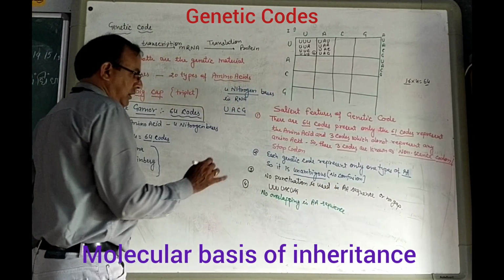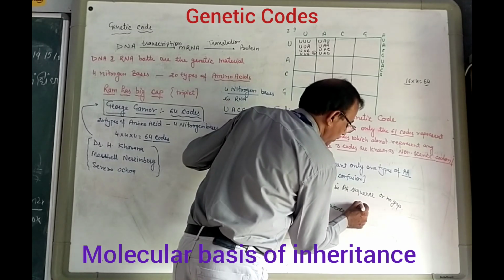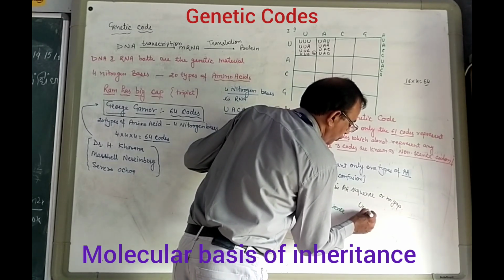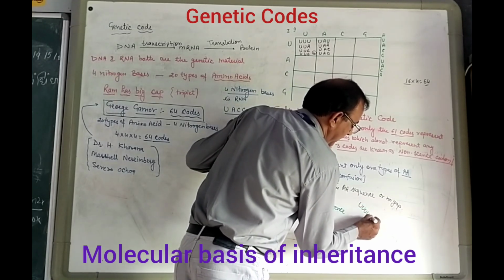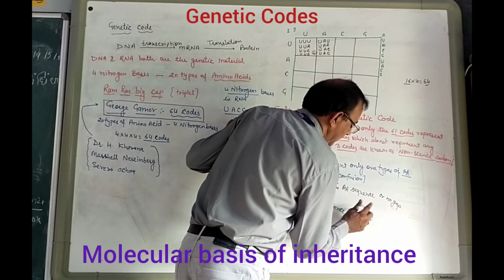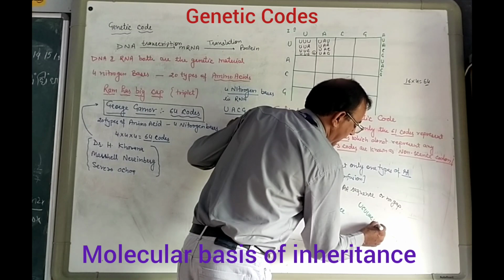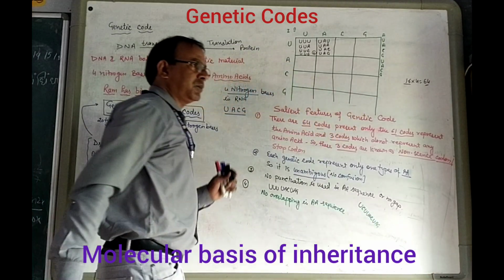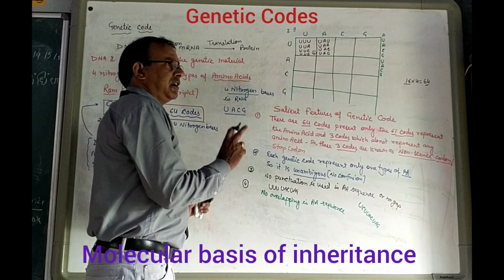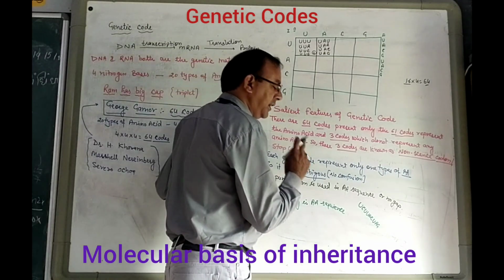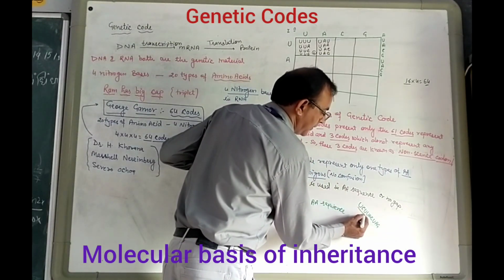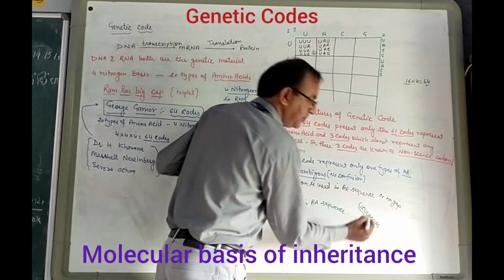For example, if we take the sequence UAG, we always read in triplets.